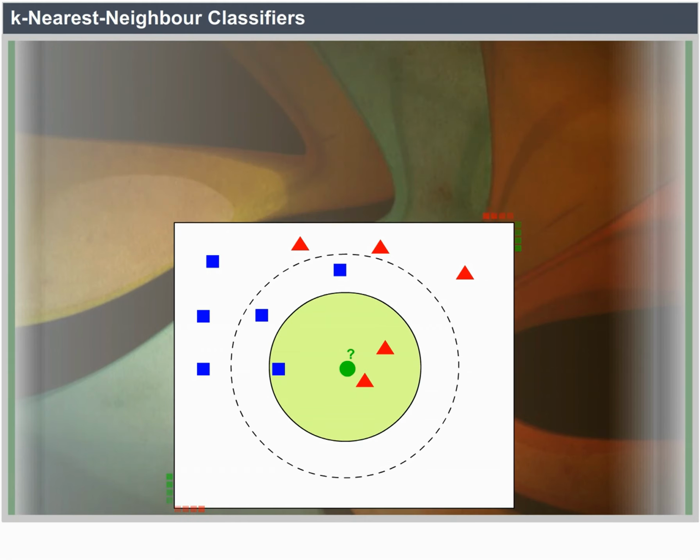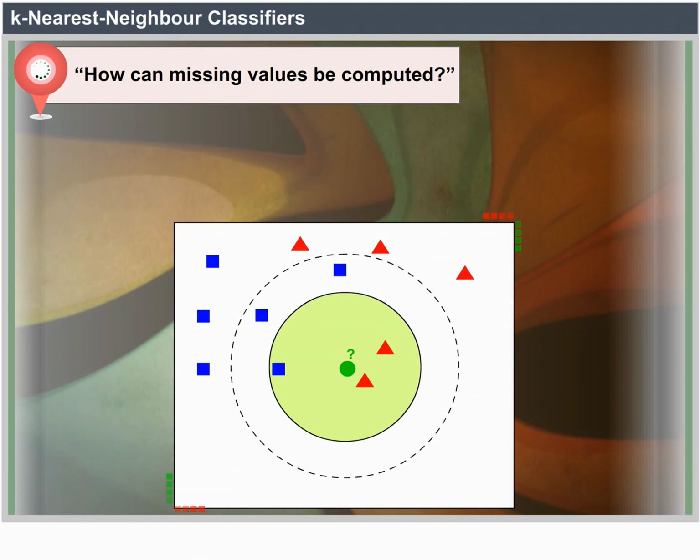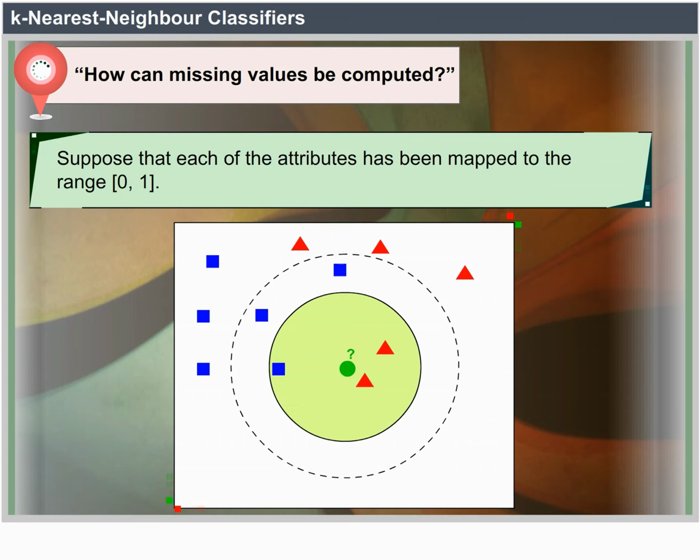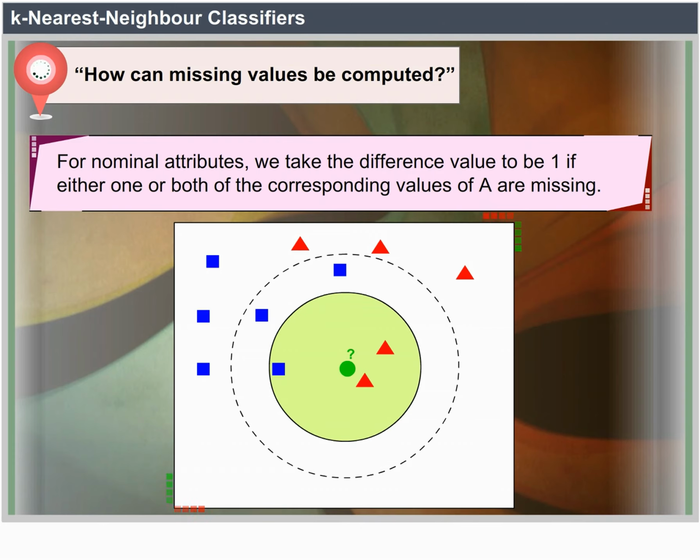If the value of a given attribute A is missing in tuple x1 and/or in tuple x2, we assume the maximum possible difference. Suppose that each of the attributes has been mapped to the range 0 to 1. For nominal attributes, we take the difference value to be 1 if either one or both of the corresponding values of A are missing.